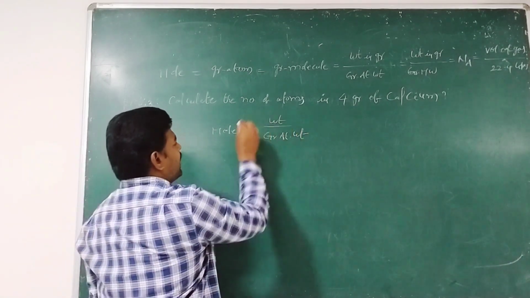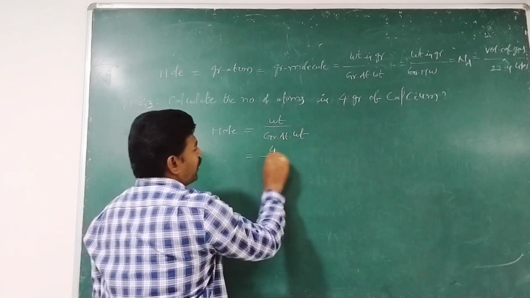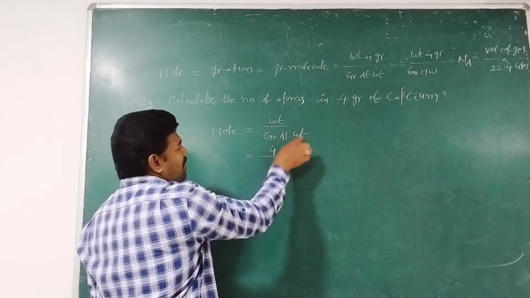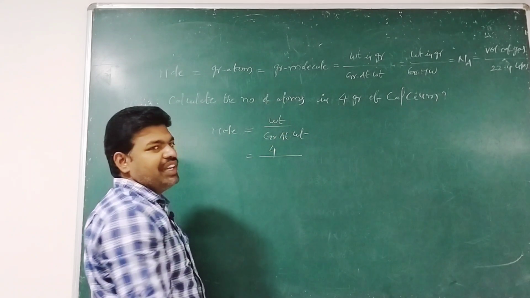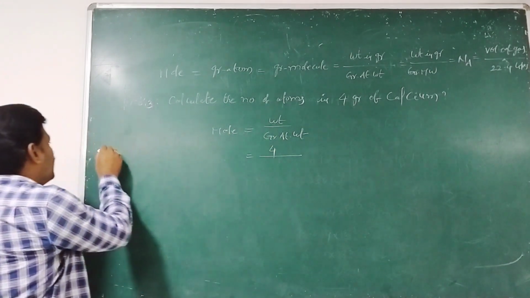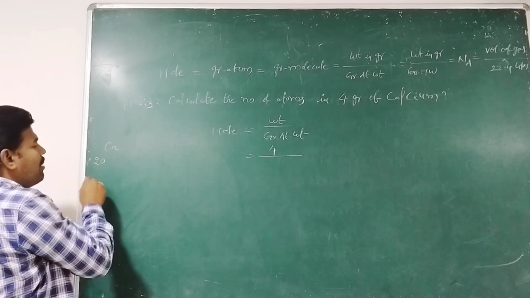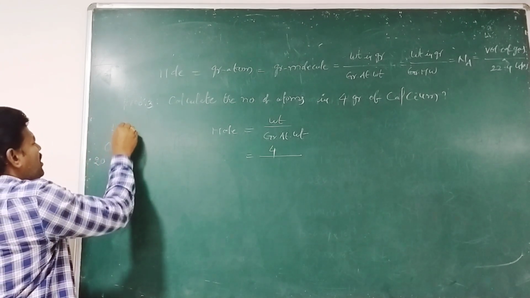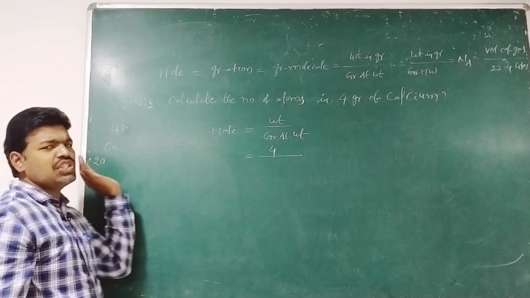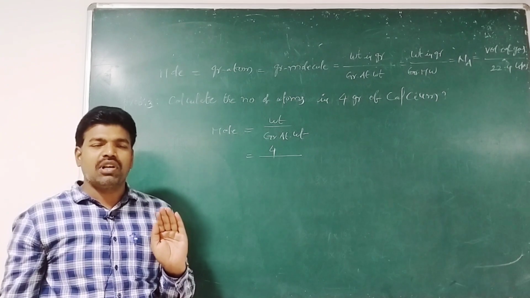So here the weight is 4 grams, and the gram atomic weight of calcium is 40, because the element calcium has atomic number 20 and its atomic weight is 40 point something, but usually we take 40 as its atomic weight.